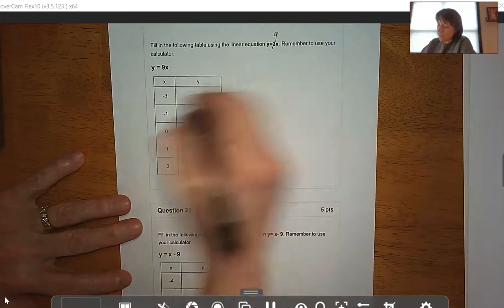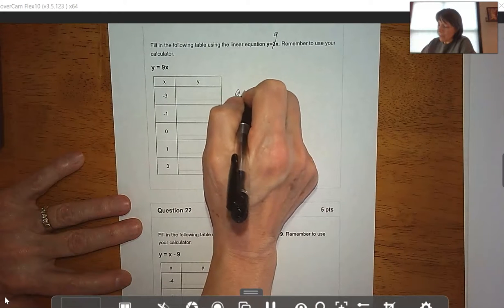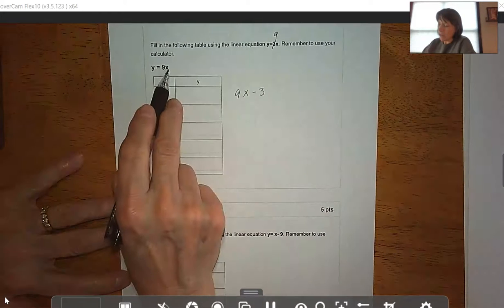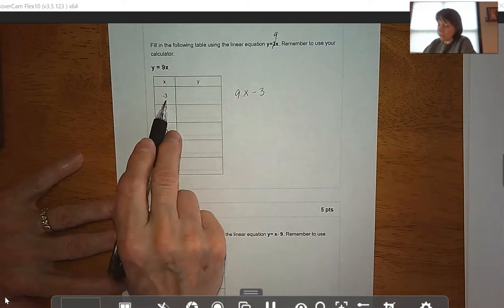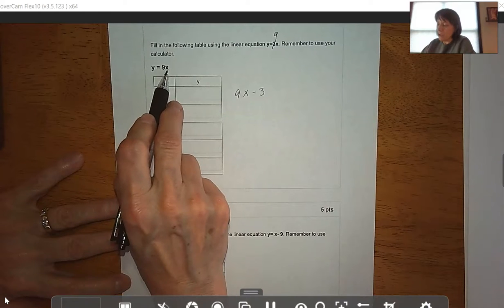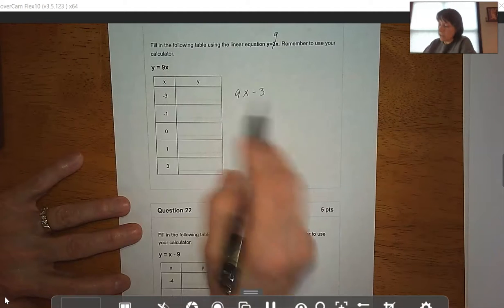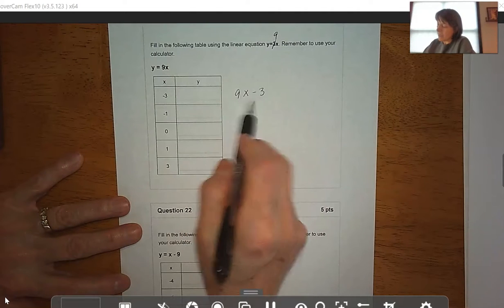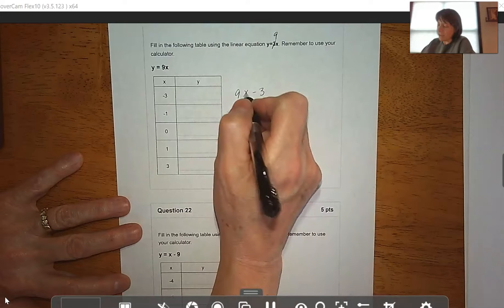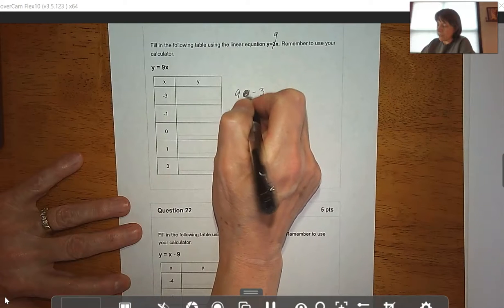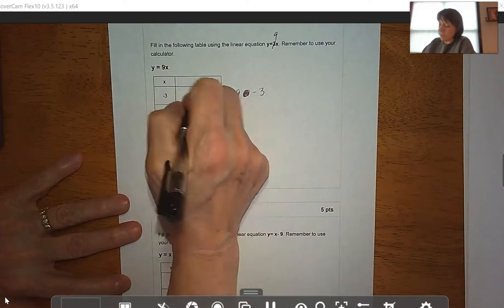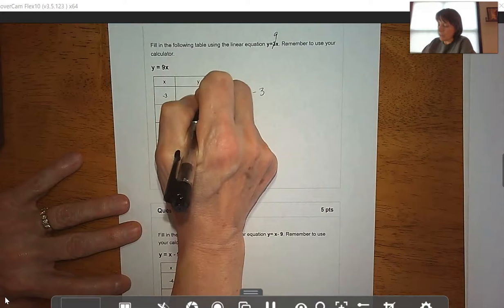So first of all, this would be 9 times -3. In other words, we're taking out our x and replacing it with -3. And remember, when you have no operation symbol between a number and a variable, it means that you're multiplying. So this would be 9 times -3, and that's confusing to use the x, so I use a dot here instead for times. Okay, 9 times -3 would be -27.